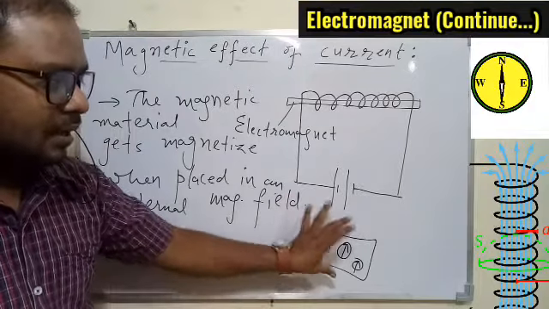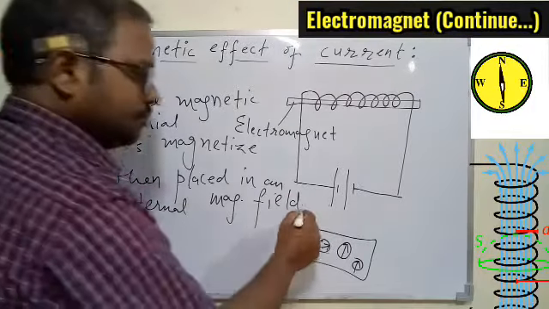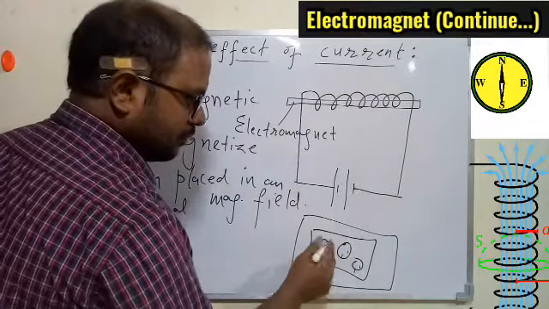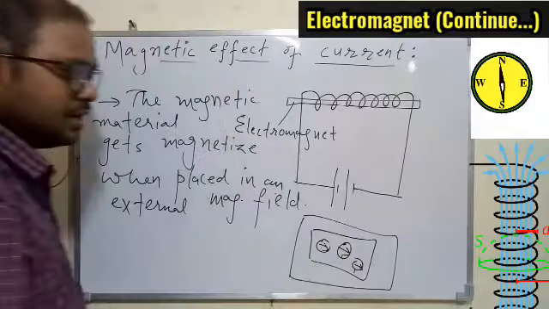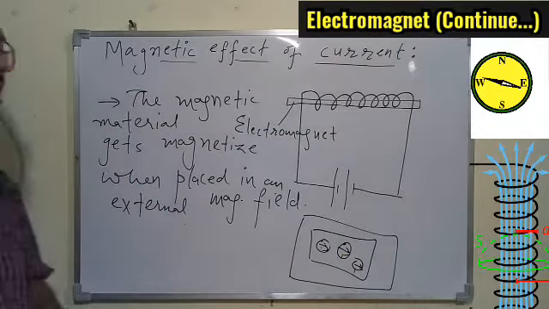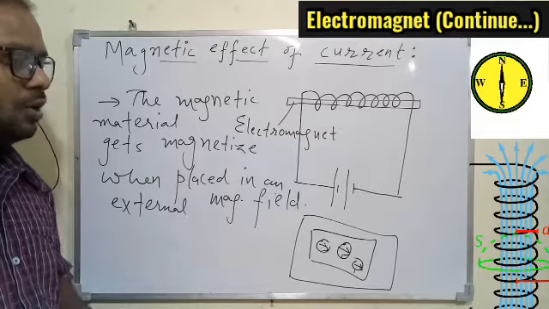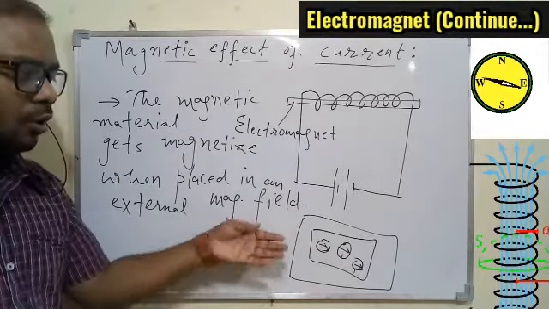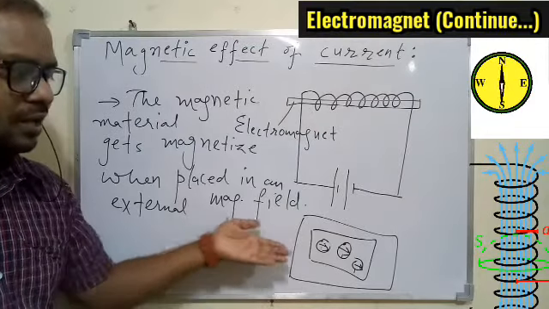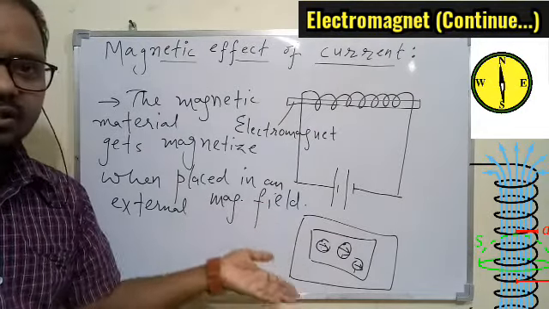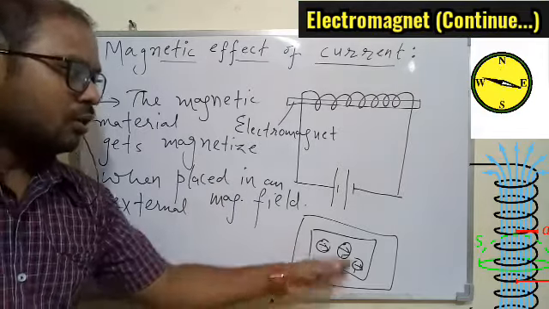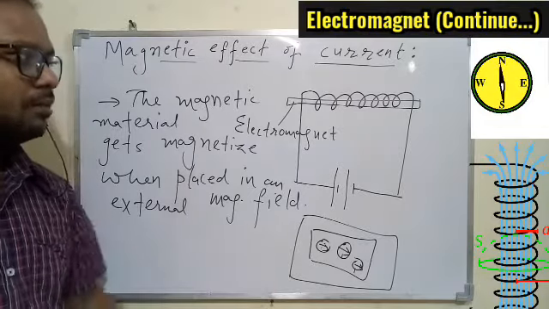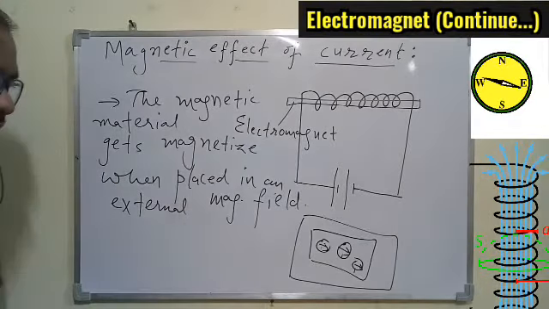But once the same magnetic material is placed within some magnetic field, what will happen? All of them will get oriented along the same direction, and then the magnetic material will get magnetized. So the concept is, if any magnetic material is placed within some magnetic field, all the atoms which are behaving as magnets will orient themselves in a particular direction, and now overall one side will have a north pole and one side will have a south pole, the way we discussed in the beginning of the chapter, that is the magnetic effect concept.